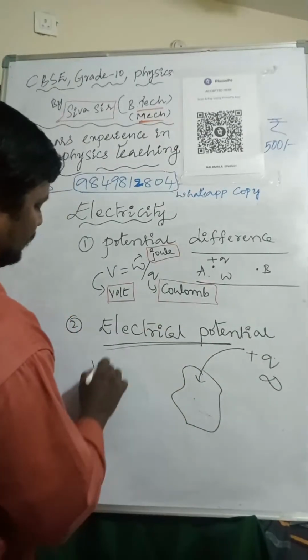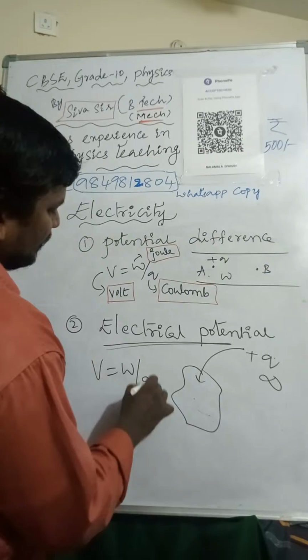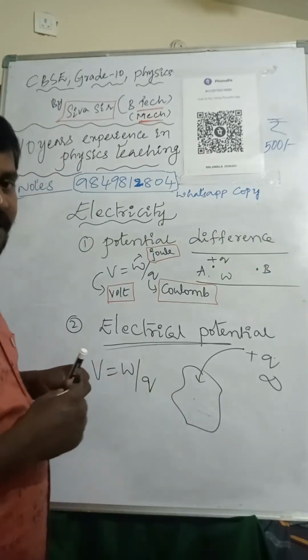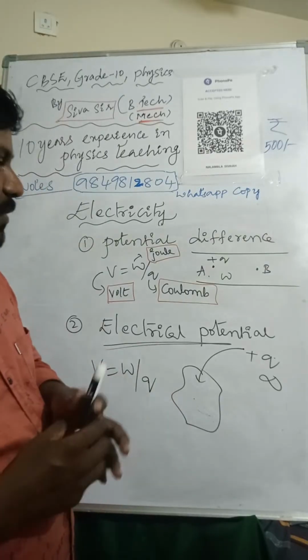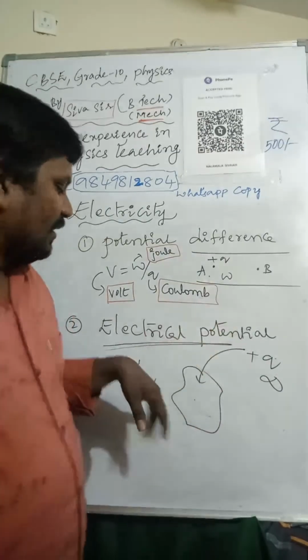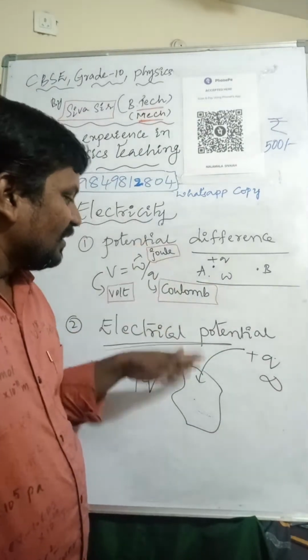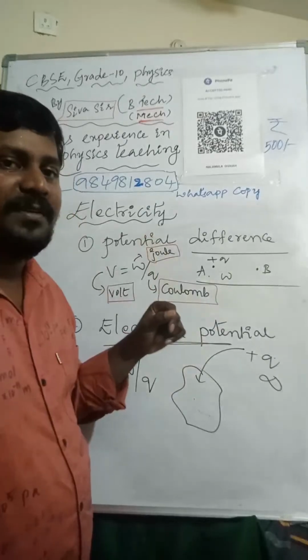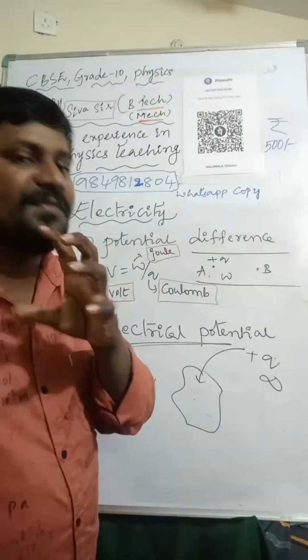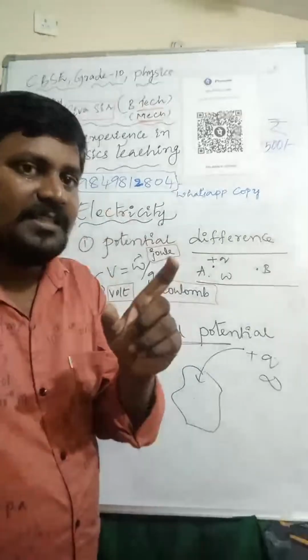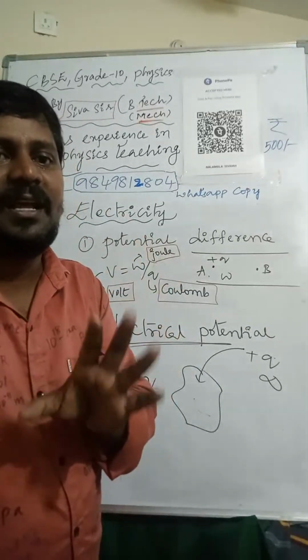Same formula will be used, V equal to W by Q. The formula does not change for electrical potential and potential difference. Only the definition has some difference, nothing else.